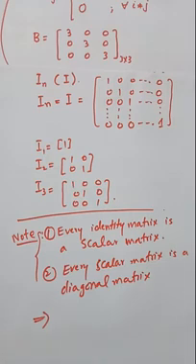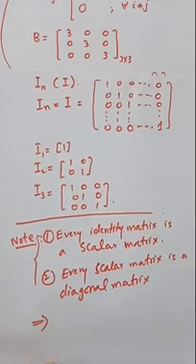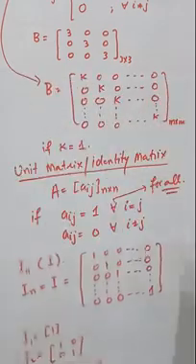For the identity matrix, which is a scalar matrix as well as a diagonal matrix as well as a square matrix, the diagonal elements are non-zero and all of them are equal to 1, and the rest of them are 0. So this is the discussion about the diagonal matrix and identity matrix, which is also known as the unit matrix.